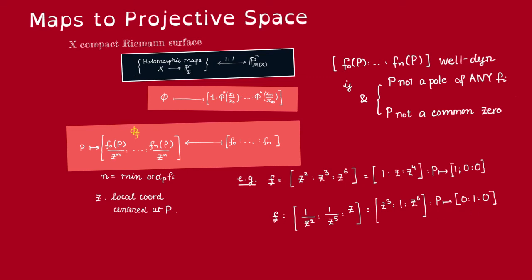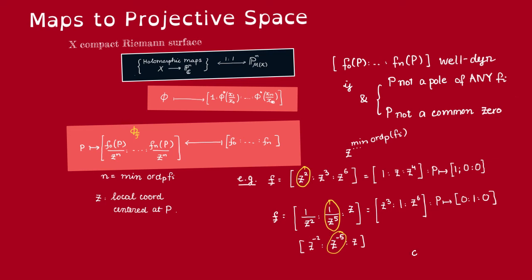Observe in both cases, what did we divide all of the fi by? In the first case, we divide everything by z squared. In the second case, we divide everything by 1 over z to the fifth. So in both cases, we are dividing by z to the power of the minimum exponent. In other words, we divide all the fi by z to the minimum of the orders of vanishing at p of the fi.